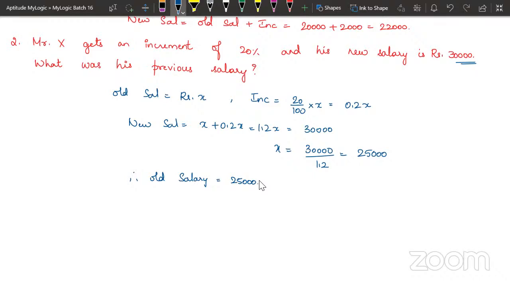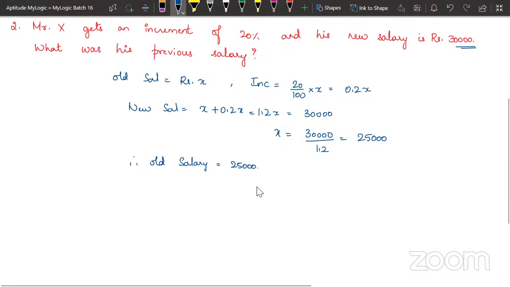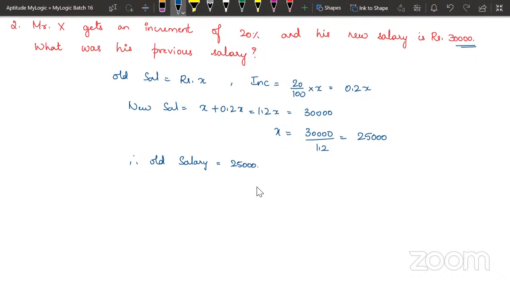Basically, you have to understand to which value we are adding that increment. Increment we are adding, and if there is a decrement, discount, loss. So there is an old salary which is 100%. With that, you are adding an increment which is 20%. That gives you 120%.